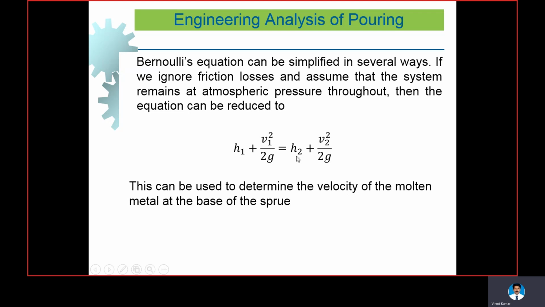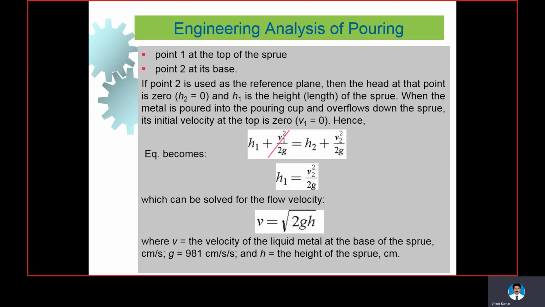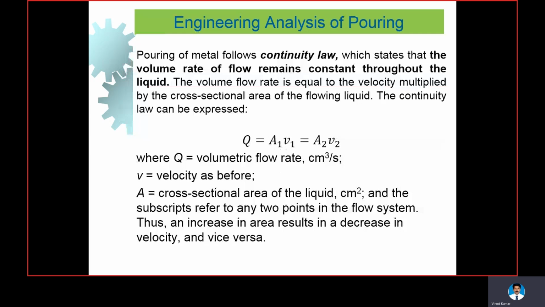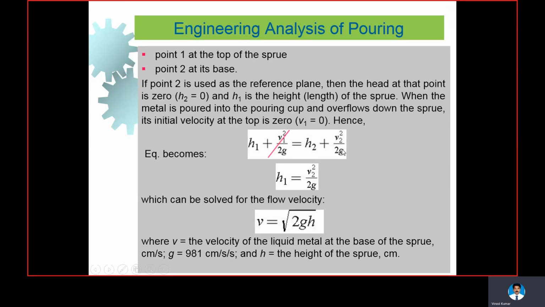So the equation can be rewritten as H1 plus V1 square over 2G is equal to H2 plus V2 square over 2G. Using this equation, we can find the velocity at the bottom side of the sprue. This is after reduction of the equation.